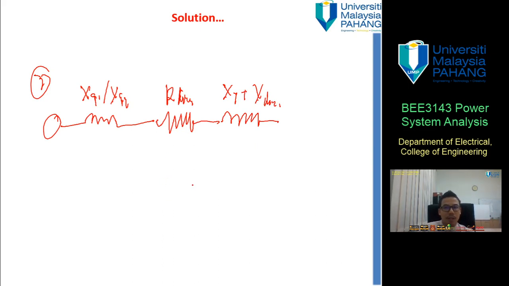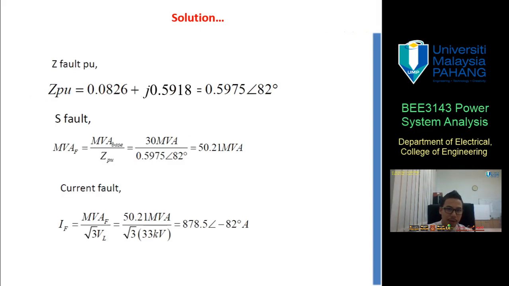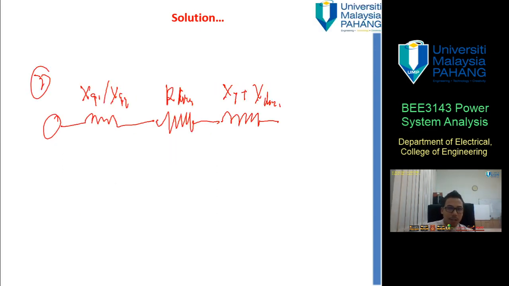This is what we call the Thevenin. Because I don't remember the values, I will continue with the slide that has the values. Then we get the Z PU. Finally we get the Z PU after considering all these things. So you need to replace your value. Here I don't have the value, so I forgot.